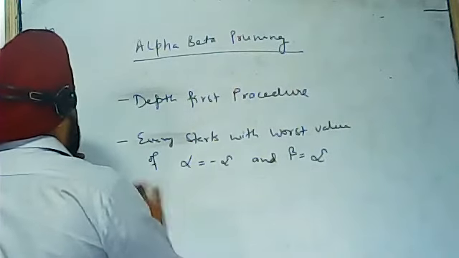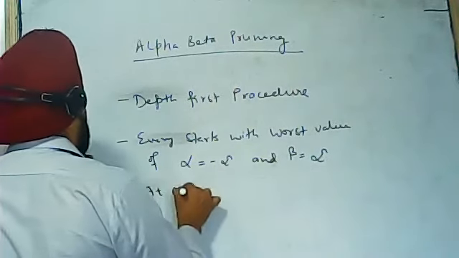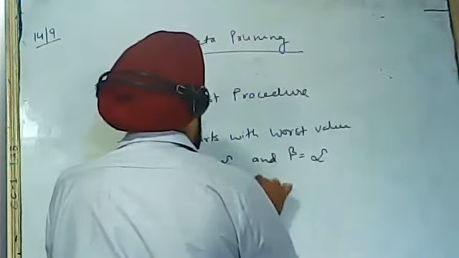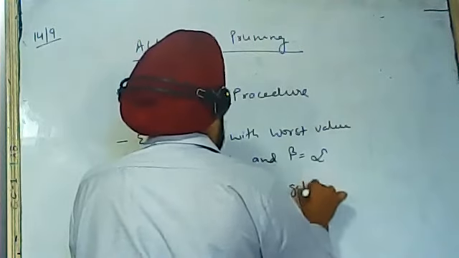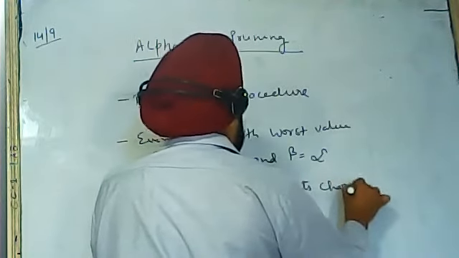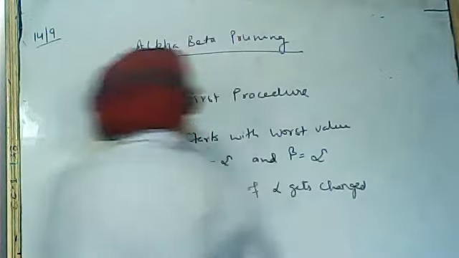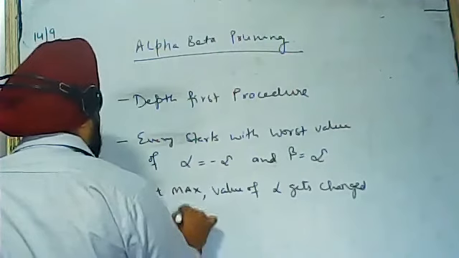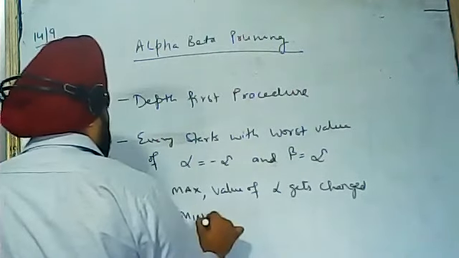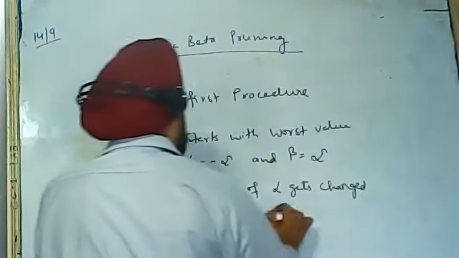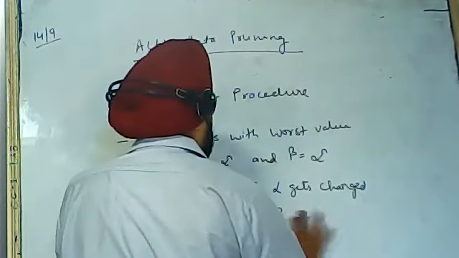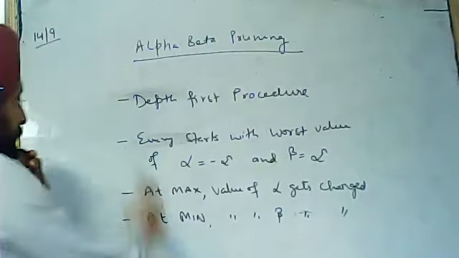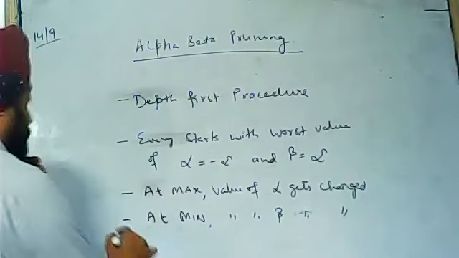At max level, the value of alpha gets changed or compared. At min level, the value of beta gets changed or compared. So this is the point you have to remember.